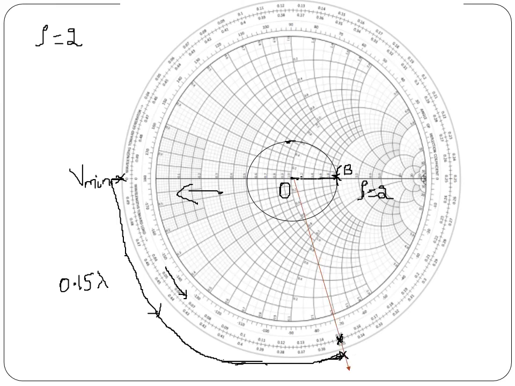The intersection between the line and the SWR circle is ZL. This R circle coincides with this point, and this jX circle coincides with the ZL point.